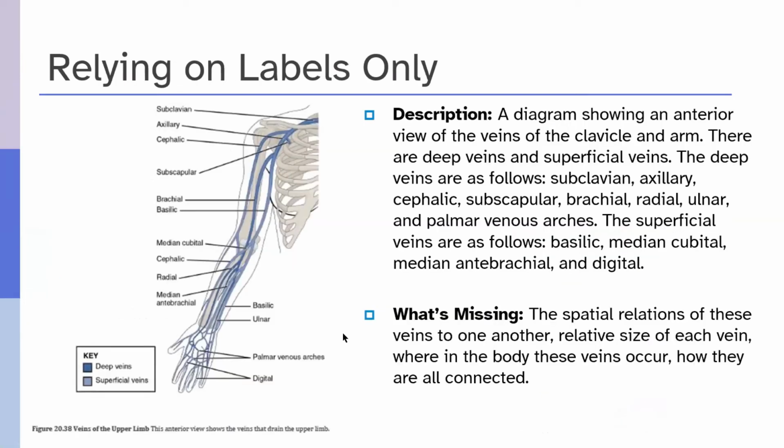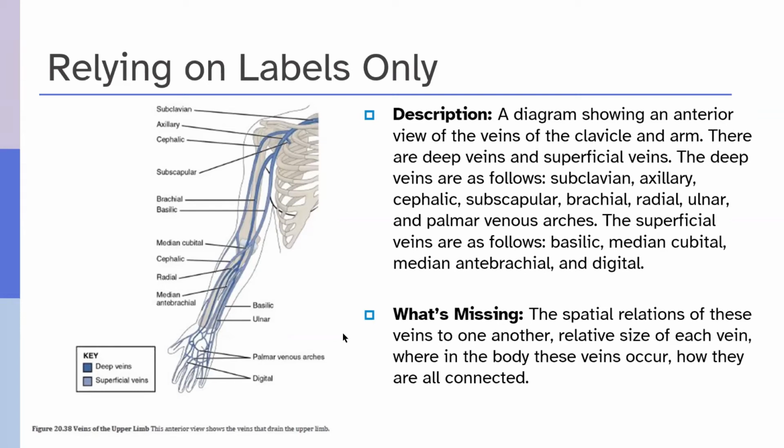So again, you don't want to just rely on labels only. Here's another example of a diagram of the veins of the upper arm going from the clavicle down the arm to the fingertips. It's color coded to specify which are the deep veins and which are superficial veins. And again, the description that I've shown here relies on labels only.